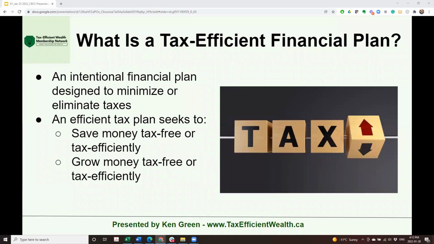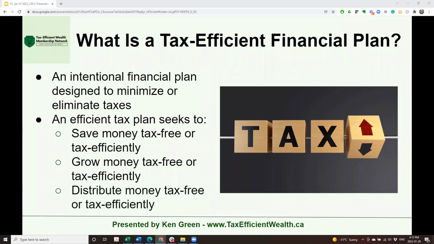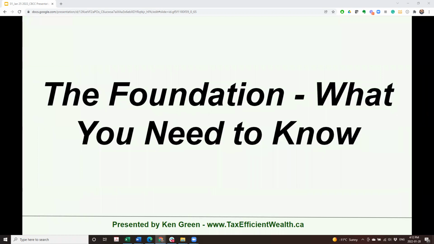You can also do that with tax-exempt life insurance. And finally, the goal also is to distribute your money tax-free, and you can do that by taking things like policy loans, equity in your property, and of course, drawing from your TFSA account. Those are the 3 main goals that we seek to accomplish with the tax efficient plan.